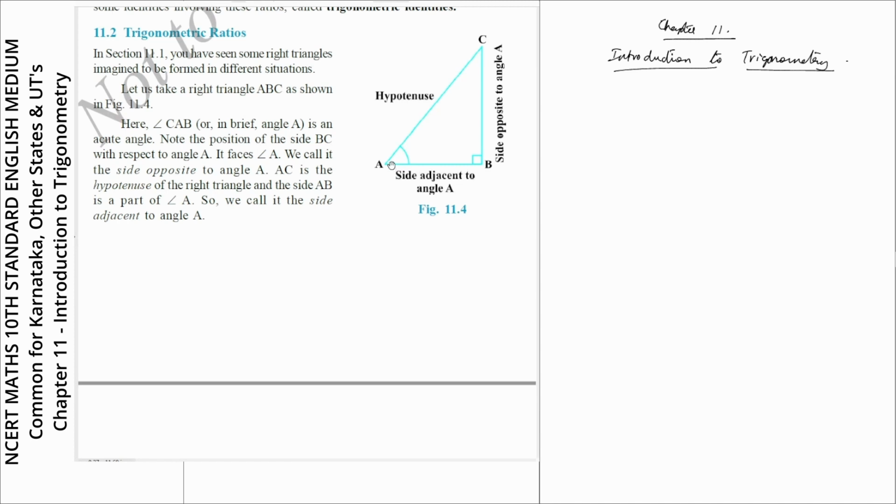With respect to angle A, side BC is called the opposite side, because this side is exactly opposite to angle A. And this side AB is called the adjacent side of angle A, and the side opposite to the right angle is the hypotenuse, as you know.